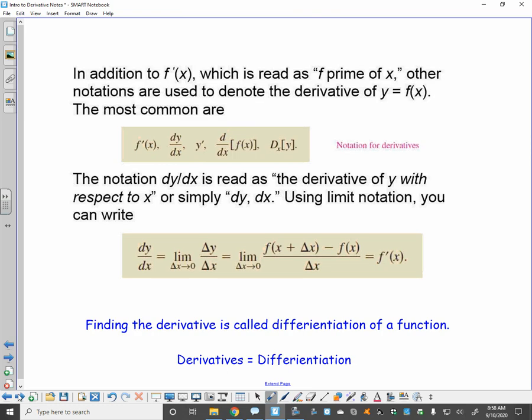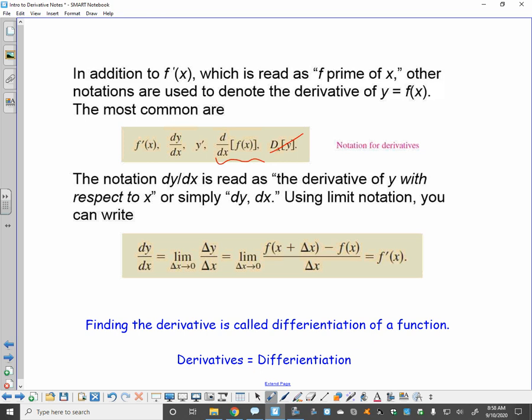In addition to f prime of x, other notations are used to denote the derivative of y equals f of x. The most common are f prime of x, dy dx, y prime. This one is not so much used, and this one I hardly ever see.